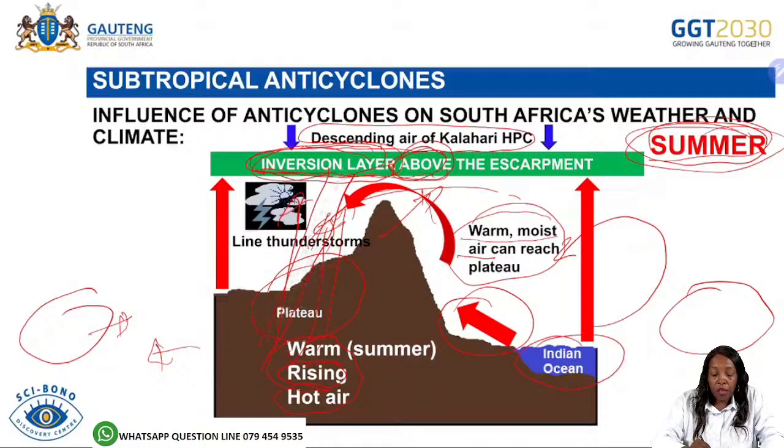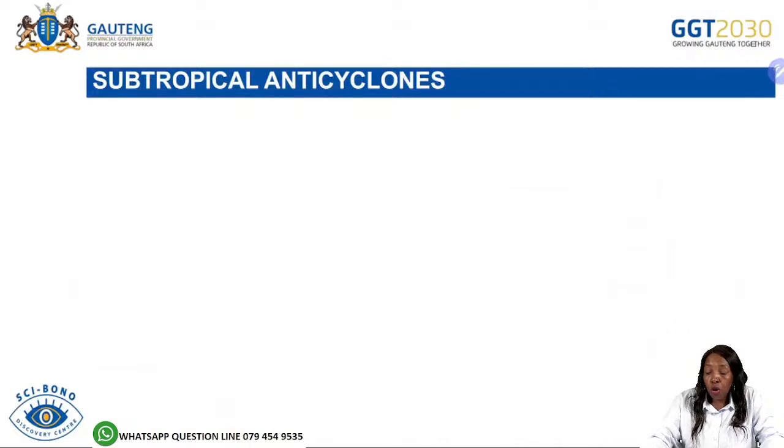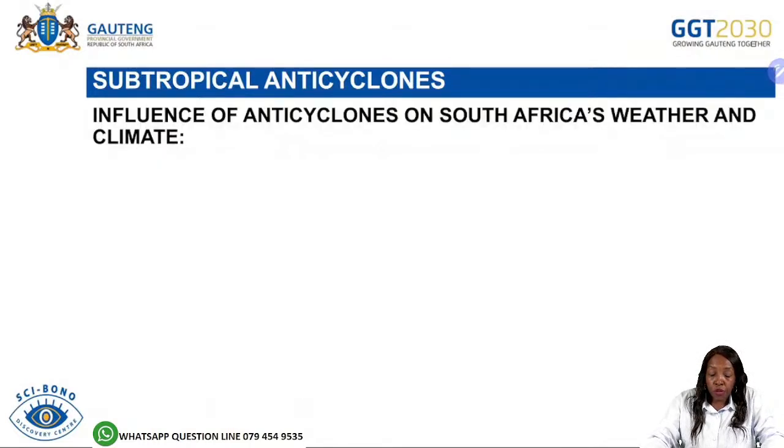And we have the development of large clouds, and the line thunderstorm would then be found onto the eastern part of the country.